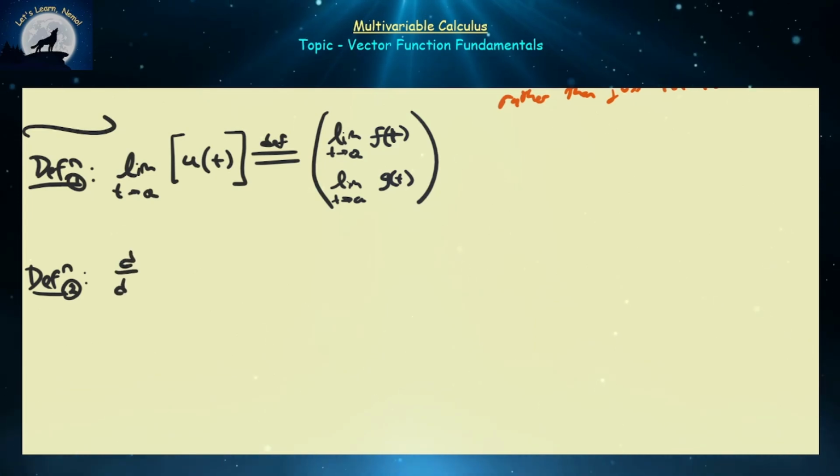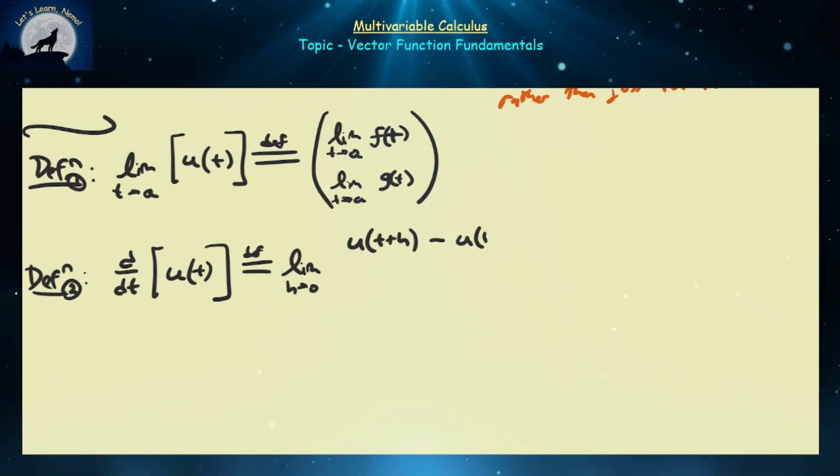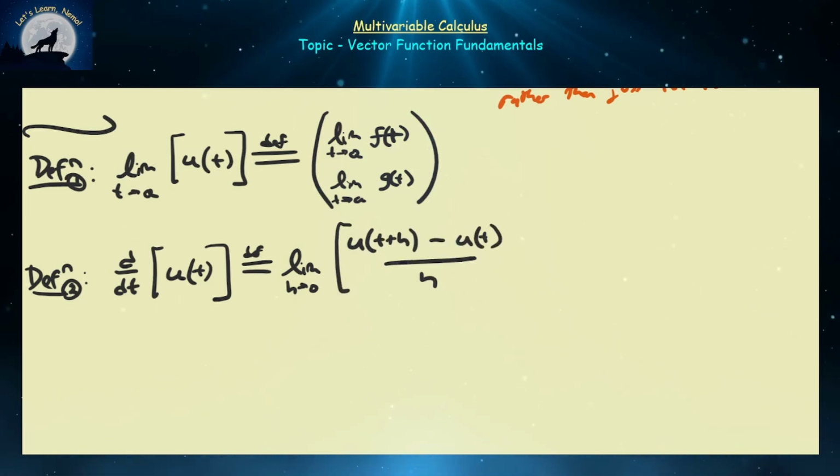So the derivative with respect to t of a vector function u of t will be defined to be equal to the limit as h approaches 0 of u of t plus h minus u of t all over h. Now, it might look like we're dealing with the same exact definition from single variable calculus, but this is not the same, because what is u?